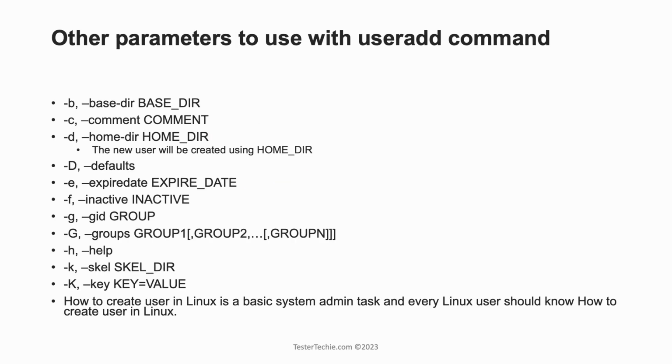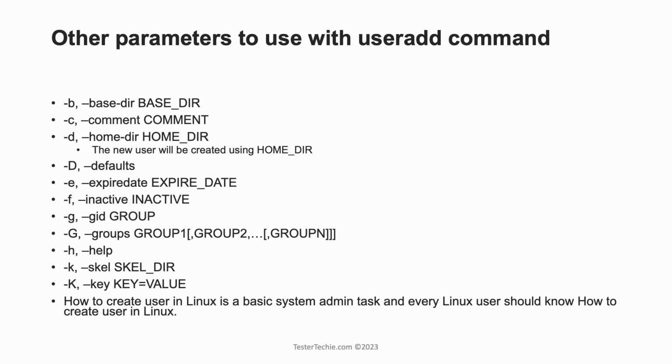So there are multiple flags or options you can use with the user account. -b is for the base directory, -c is for the comment. There's something called the GECOS field, where you can add the user's full name, email address, department, and many other things. Then there are group ID, skel, and a lot more.